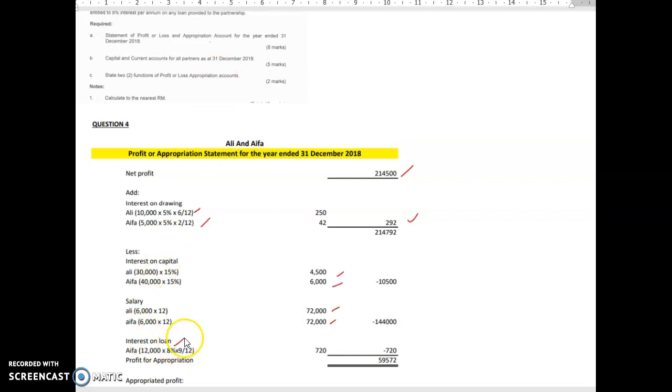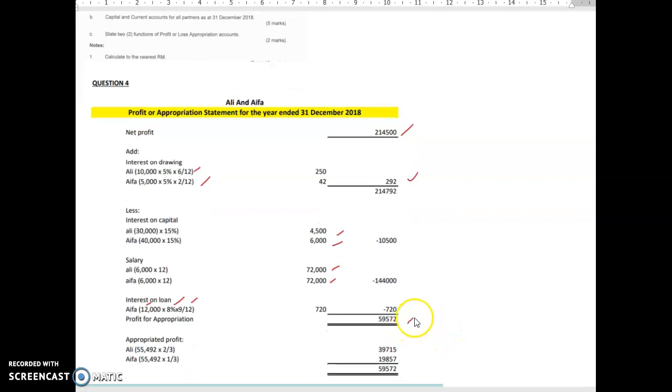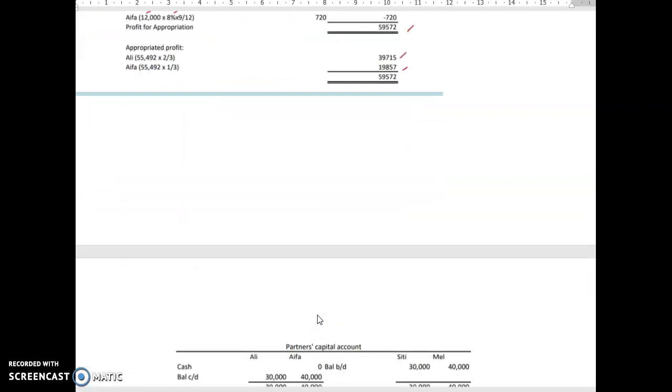April to December is 9 months at 8%, so 9 over 12, and this is the 2,000 (sic). So the profit for appropriation is 59,572. The appropriated profit is shared Ali 2/3 and Aifa 1/3, so Ali will get 39,715 and Aifa 19,857. So this is the correct answer.